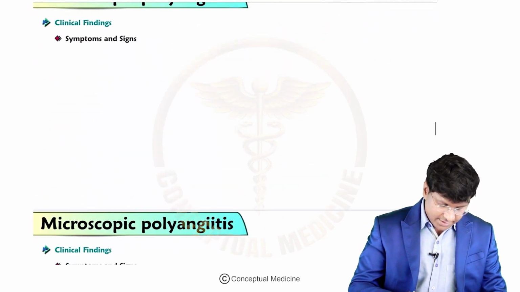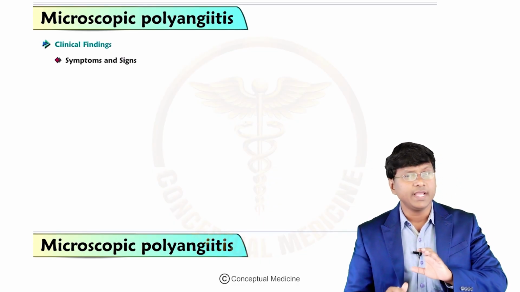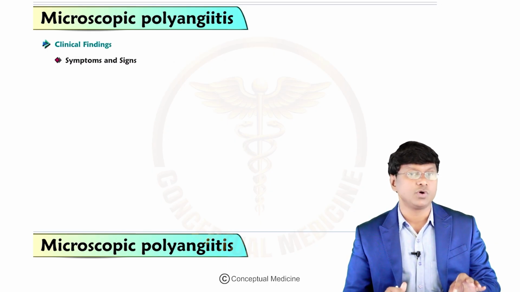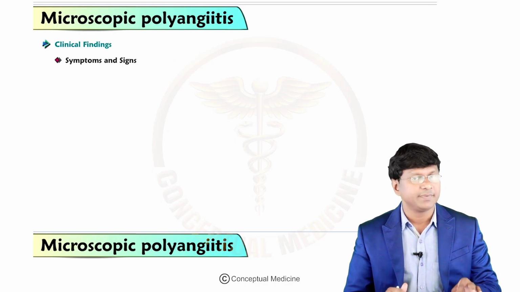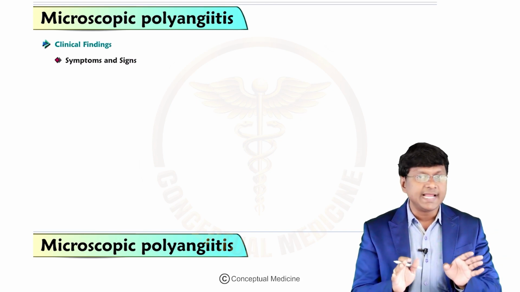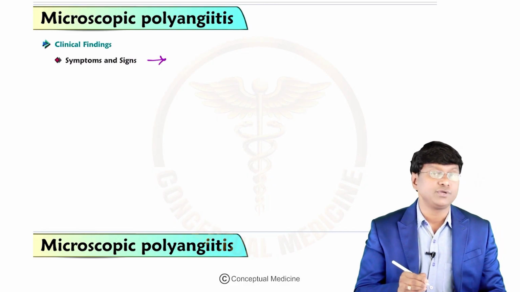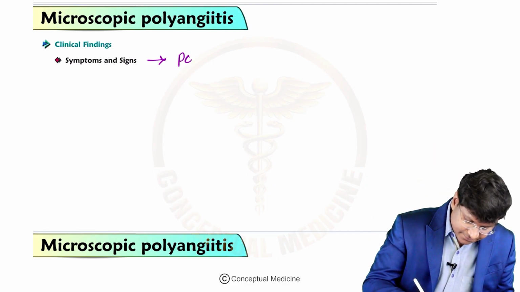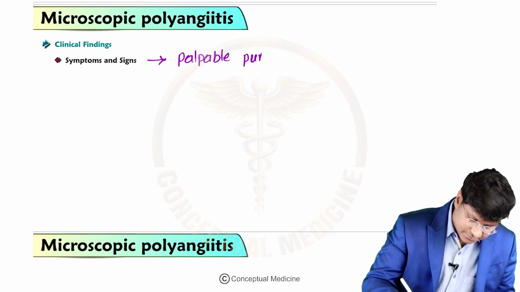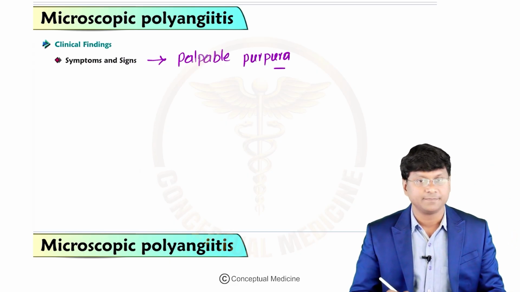And if you observe the signs and symptoms of microscopic polyangiitis, a wide variety of findings suggesting vasculitis of small blood vessels may develop. These include the development of palpable purpura.